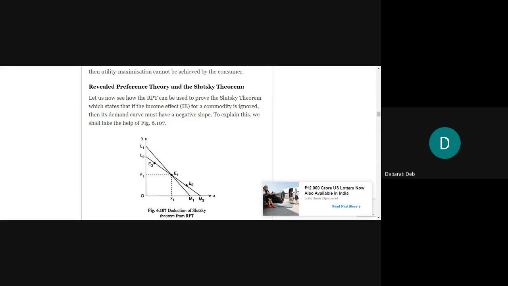Let's see. If you go through the entire Slutsky theorem, you will understand that in this theorem it has been stated that if the income effect of a commodity is ignored, that means, if you remember, we were pushing the budget line sometimes upward, sometimes downward, and then we evaluated the income effect, right?